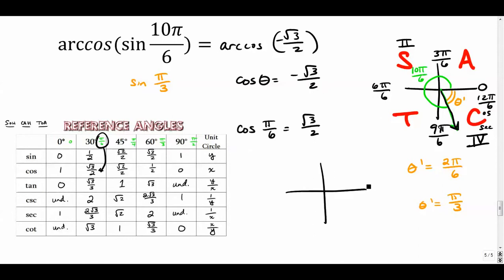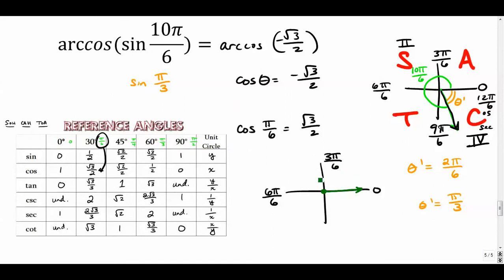Well, let's think about this. Pi over 6 would be my reference angle. So if this were 6 pi over 6, and this were 0, and this were 3 pi over 6, my angle would have to be in quadrant 2.